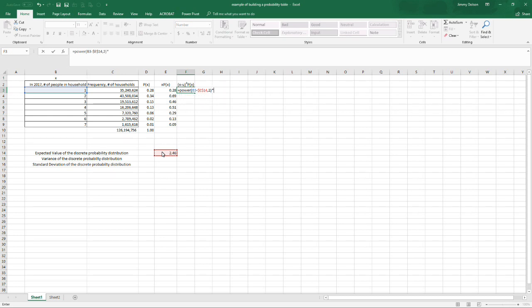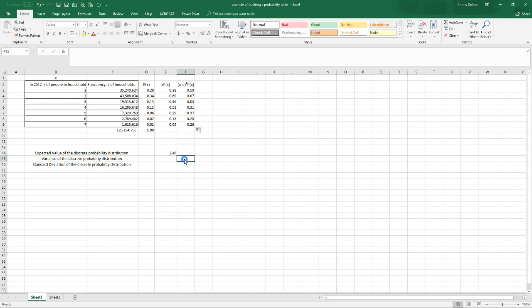And then we're going to multiply that by the probability. Okay, make sure I get everything right there, and then we're just going to copy that down. Again, I'm just going to double check to make sure it looks right. So I've got the event minus the mean, squared, times the probability.